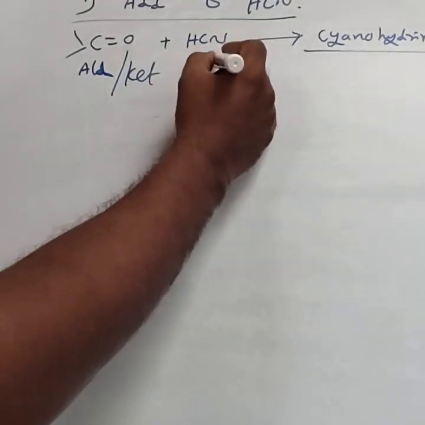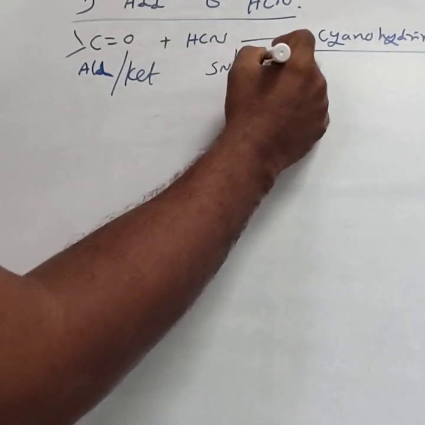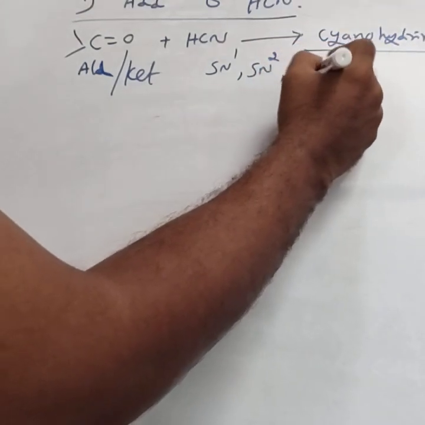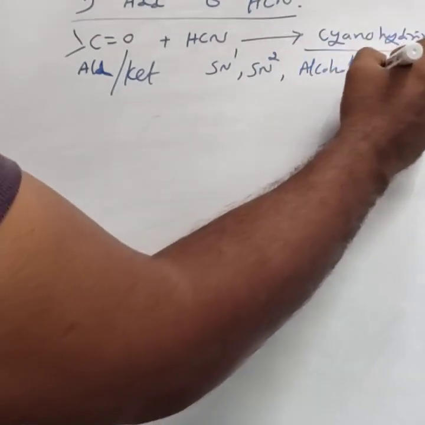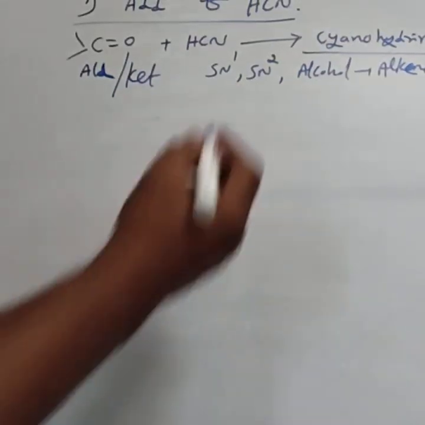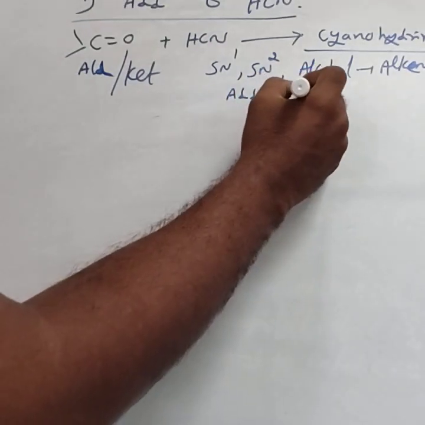Already in haloalkanes you have studied the SN1 and SN2 mechanisms. Then in alcohols we studied the alcohol to alkene mechanism. Then, most important, another one is the addition of HCN.